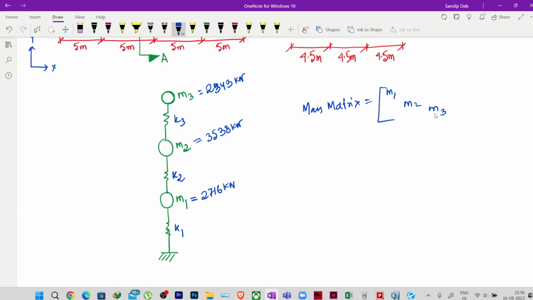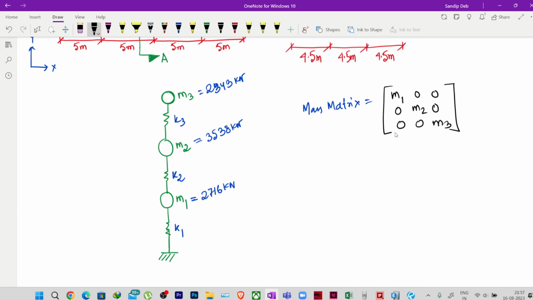Let me write it properly: M1 0 0, 0 M2 0, 0 0 M3. So we always create a diagonal matrix, right?